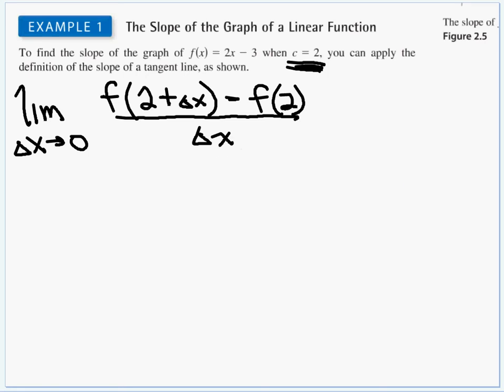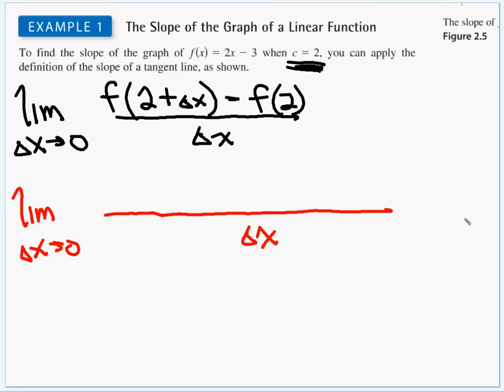So let's put this into the function. I'm going to bring my limit notation down, delta x approaching 0. And I can put this delta x down here. So our function is 2x minus 3. So we're going to have a 2x minus 3 for this part. I'll underline in red. And I'll switch to black ink. And now it's minus f of 2.